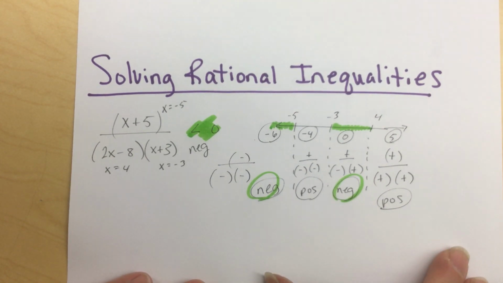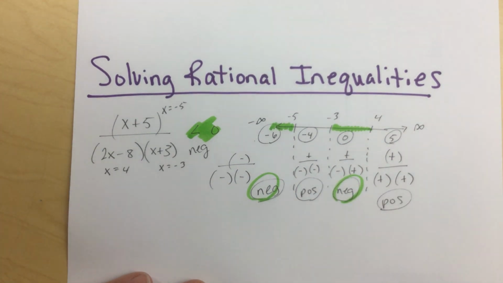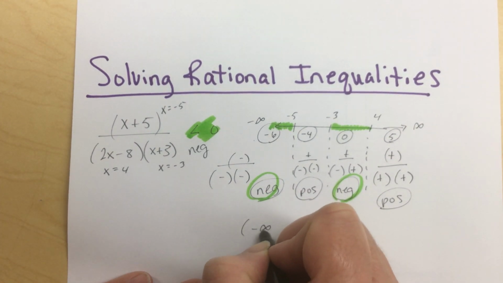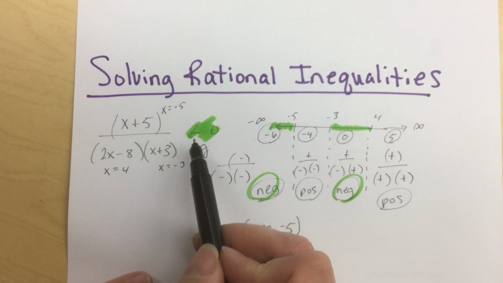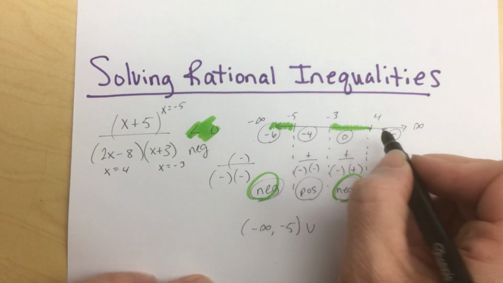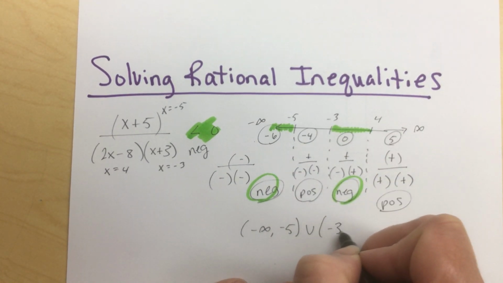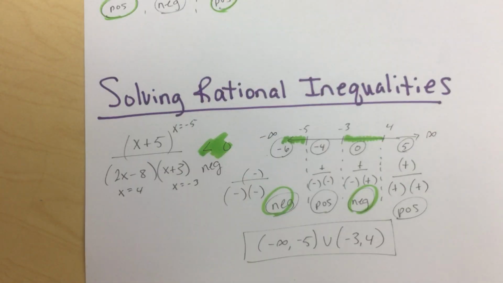So the way I write that with interval notation, knowing that this is negative infinity and this is positive infinity, is -infinity to -5, and I'm going to use a parenthesis because I just have less than, I don't have less than or equal to. Union, and then I need this section, and that's going to be -3 to 4. So that is my answer.